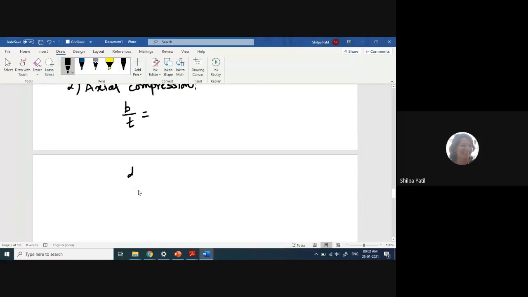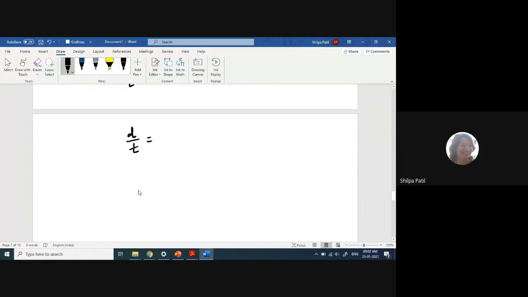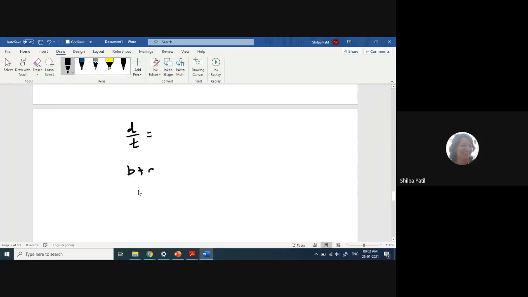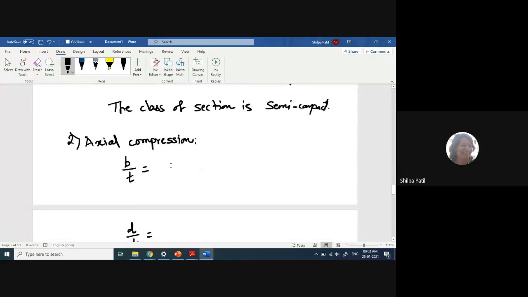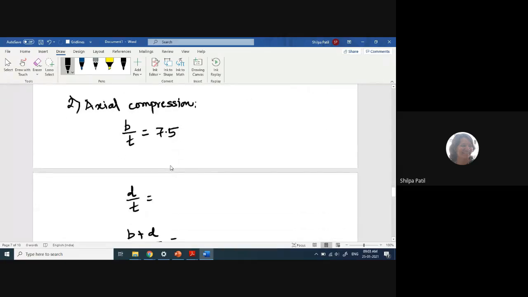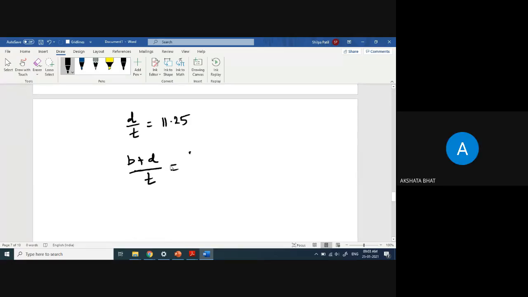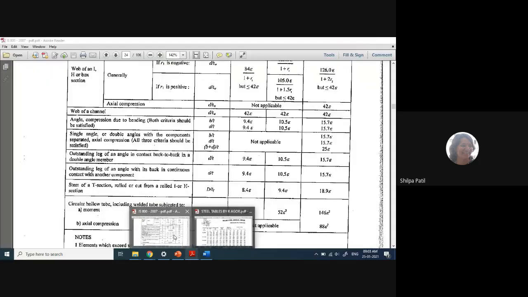The first two values we have already calculated, 7.5 and 11.25. And tell me the third one. 18.75, yes, it is 60 plus 90 divided by 8.